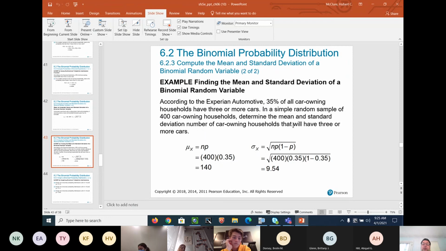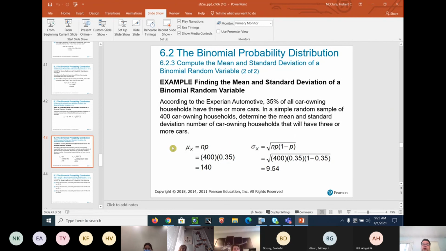Because they're asking, now what is the difference in this question and the previous question? The previous question is asking for probability. What is this one asking for? Mean and standard deviation. That's the difference between the two questions.